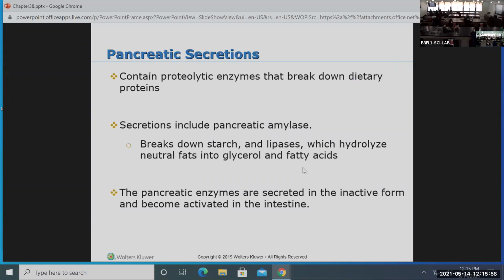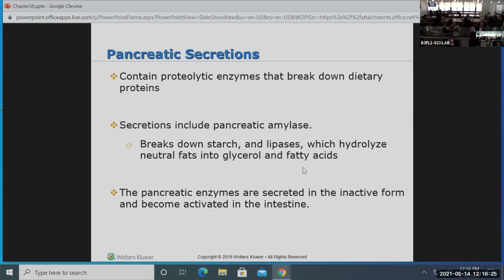Now, pancreatic secretions contain proteolytic enzymes that break down dietary protein. Pancreas produces various types of digestive enzymes. Secretions include pancreatic amylase. We also produce the same type of amylase from the saliva.